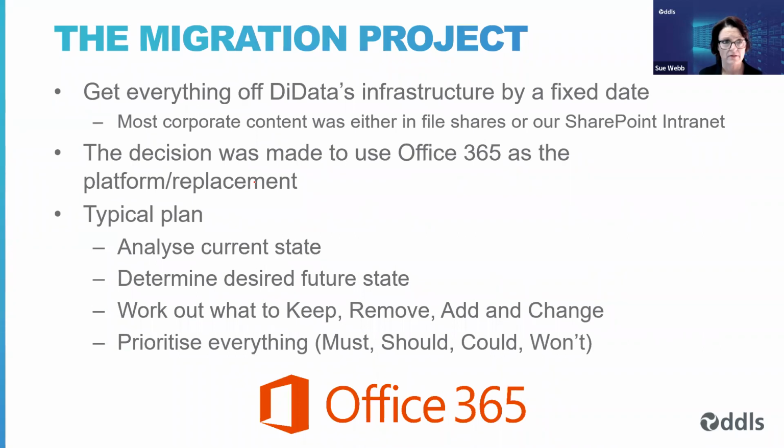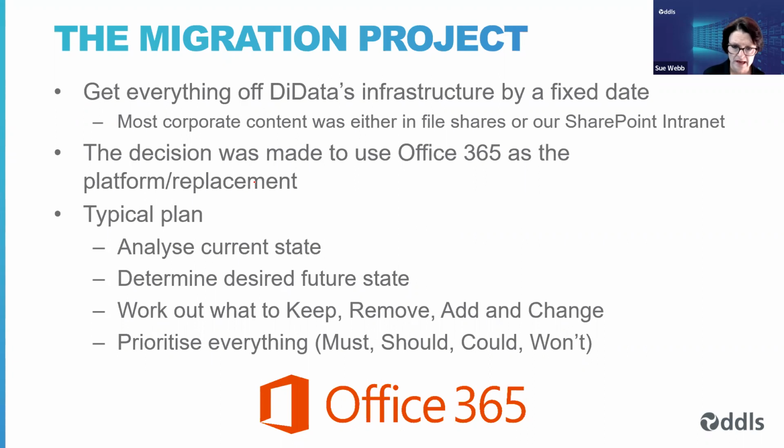So we created a migration project, and the chief goal of the project was to get everything off DiData's infrastructure by a fixed date. We had until the end of the calendar year to get everything migrated off of their infrastructure. As I mentioned, most of our corporate content was either in file shares or on our SharePoint intranet.